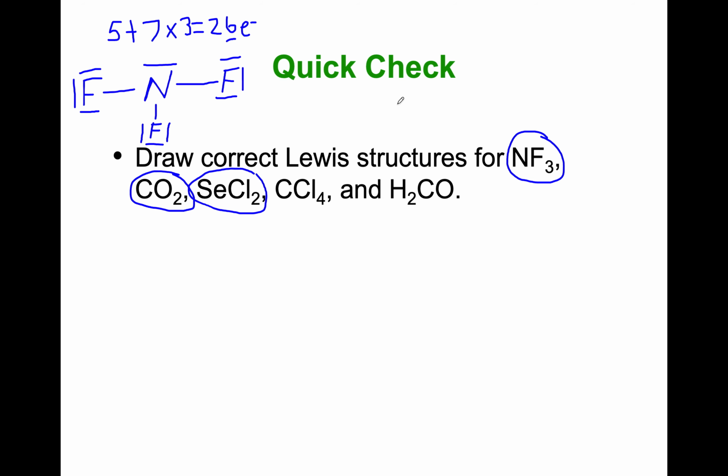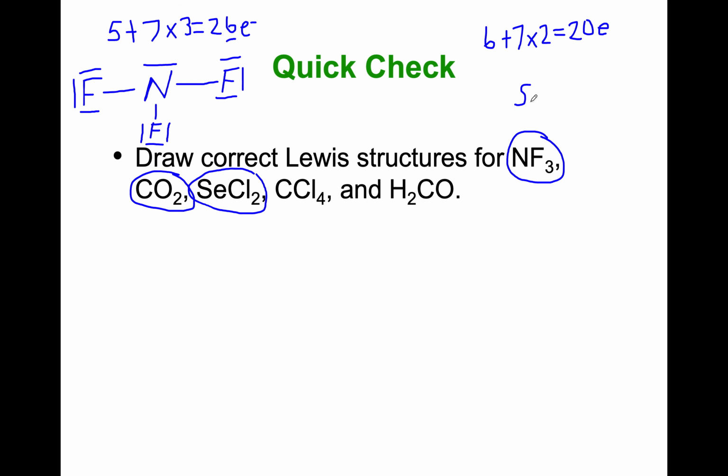SeCl2. Go ahead and show you this one as well. This has, Se has 6 valence electrons. Chlorine has 7. And we've got 2 of them. So that gets us 20 electrons. Okay, remember the rule.